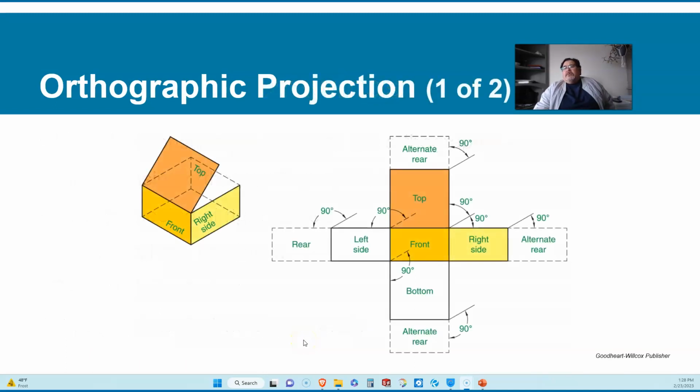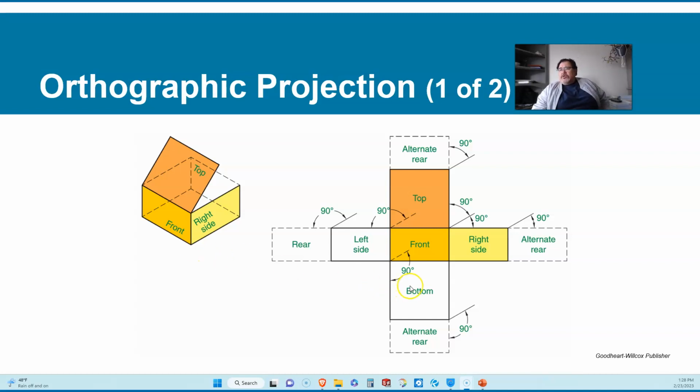Okay, so here is an example of orthographic projection. Notice the box. Imagine it a paper box, made of a solid flat piece of paper that's folded, right? So the front and the sides, the length of the box, the sides and the tops, including the bottom, are all connected like a fold-out paper box.